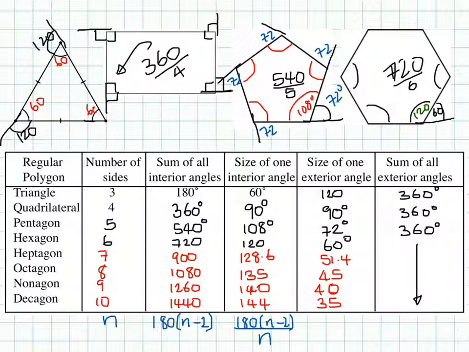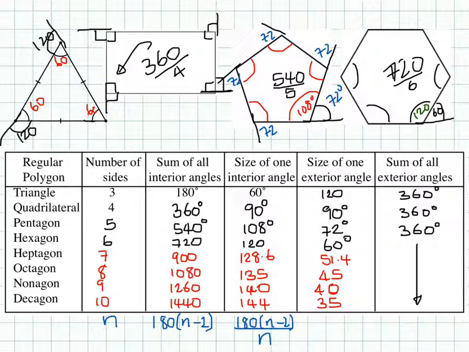So, for example, if I've got a three-sided shape, let's just say it's an equilateral triangle, because it could be any triangle, but just for the sake of argument, dividing 360 by the number of sides, which was 3, gave us the angle we were looking for. Let's pop down to the pentagon. We had 360. If we divide it by the number of sides, 5, that will tell us that each exterior angle is 72.